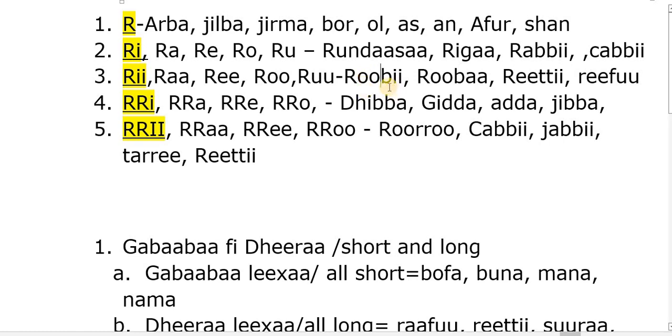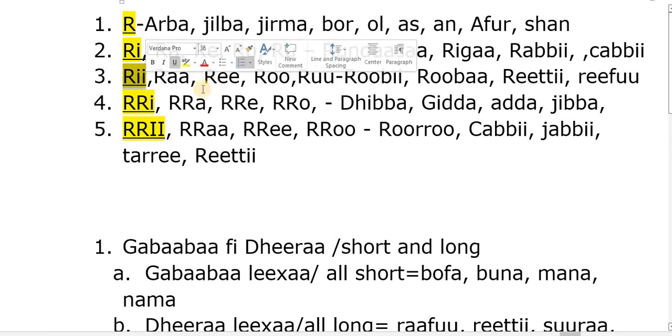It means hippopotamus. Roba is raining, or a name of a person as well. You can use a dictionary for those. Sorry, I can't translate every word, but this is the right way to write robi, roba, reti, refu, and so on. So this is soft and long.